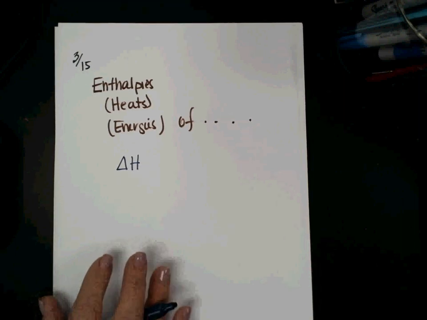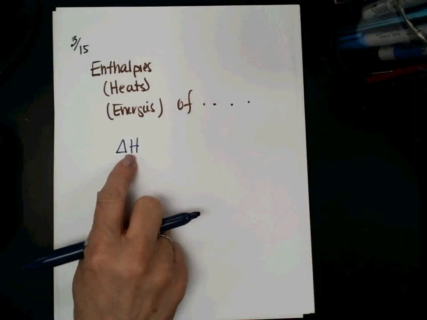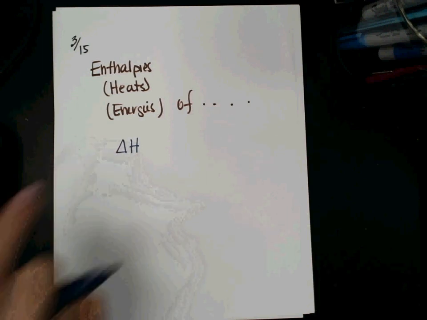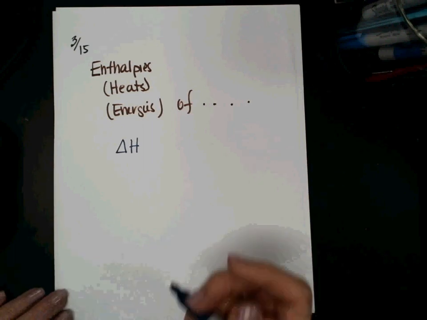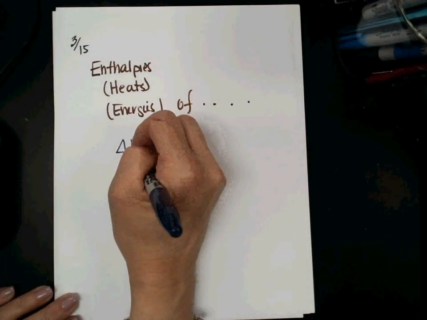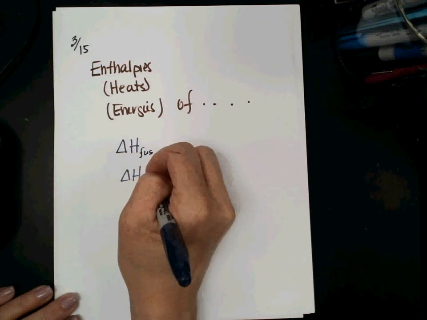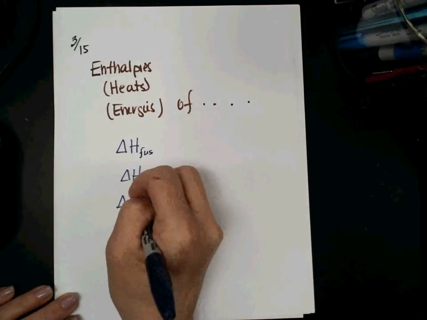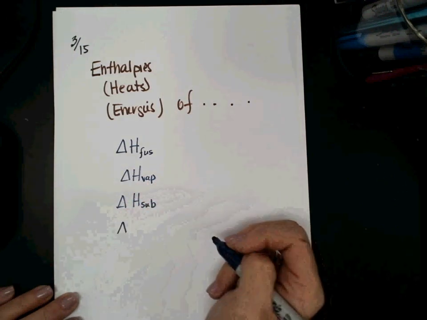Okay, so this little delta H means change in enthalpy, change in heat, change in energy. I can have a delta H that I can write as delta H FUS, delta H VAP, delta H SUB, and I hit the major ones there.